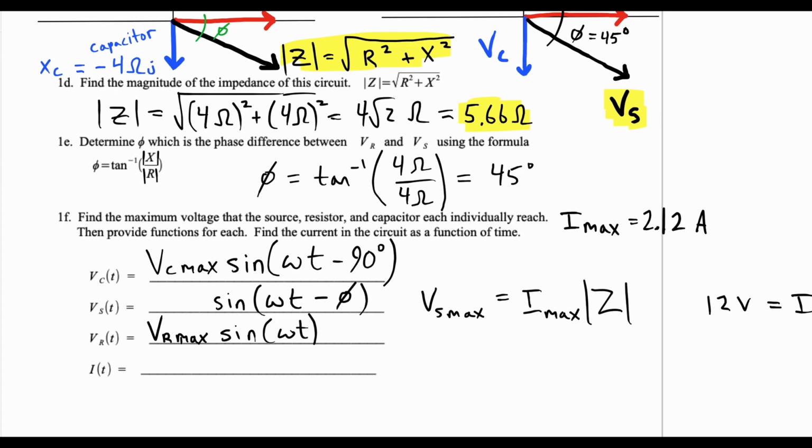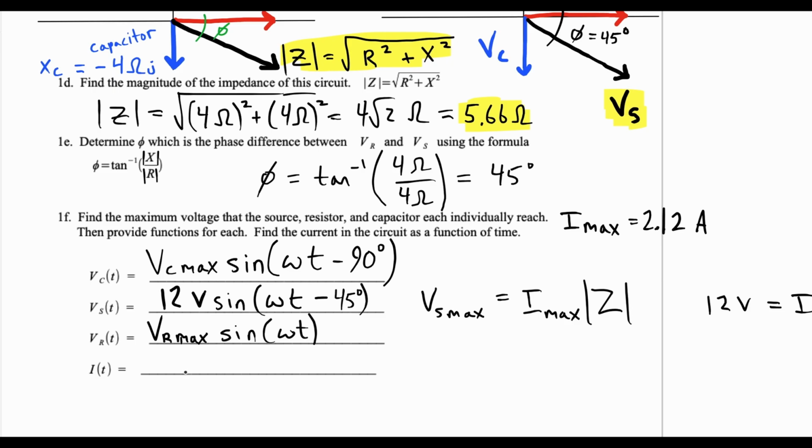According to the givens in the problem, it needs to be 12 volts, so we'll just put that in. It's a little bit tougher to find the max voltage of the resistor and the max voltage of the capacitor, but I do also know the phase angle is going to be 45 degrees for the source.